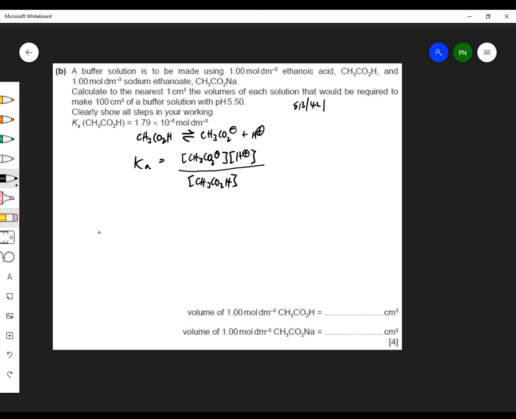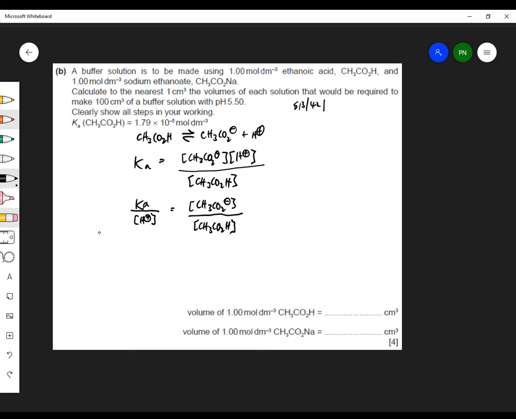From this we can see that Ka over the hydrogen ion concentration is equal to the base part of the buffer over the acid part of the buffer.